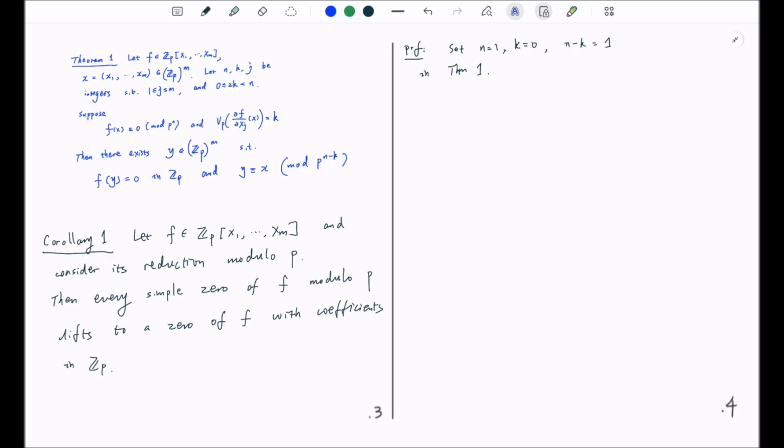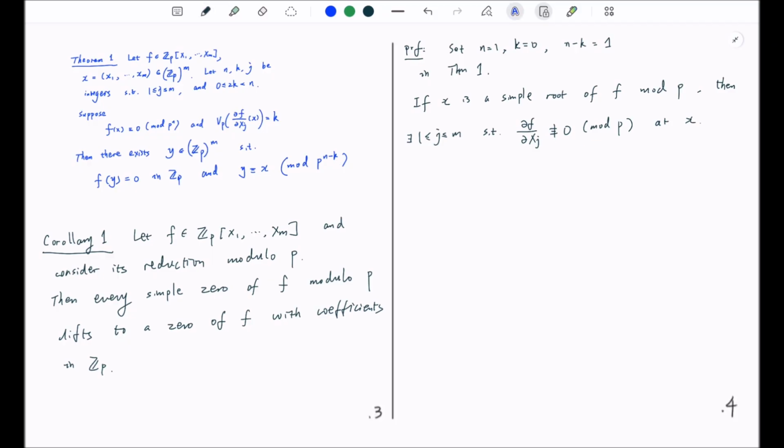If little x is a simple root for f modulo p, then by definition there exists a j from 1 up to m such that df by dxj is not congruent to 0 modulo p at this little x.